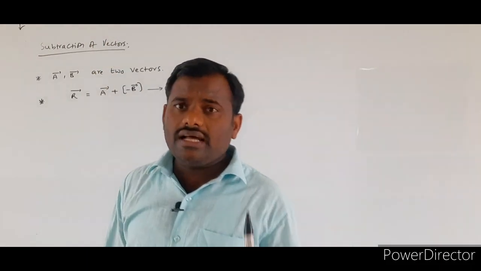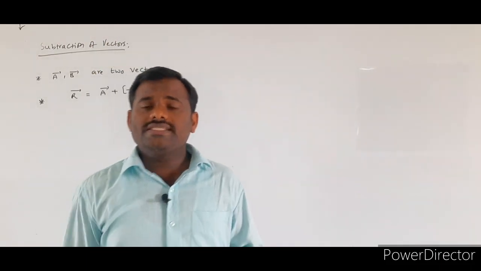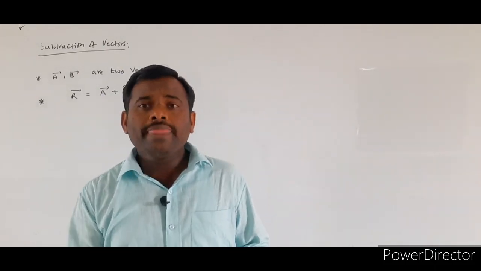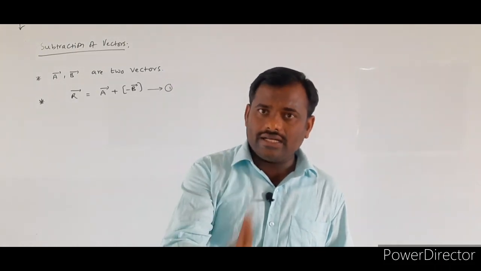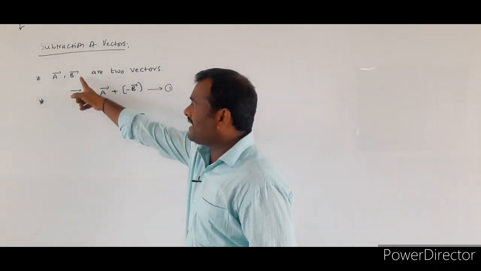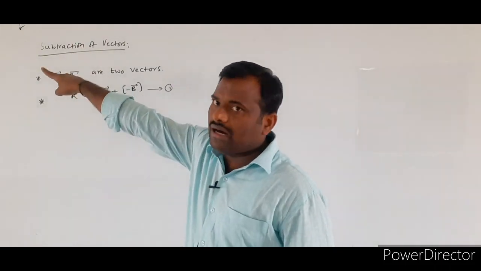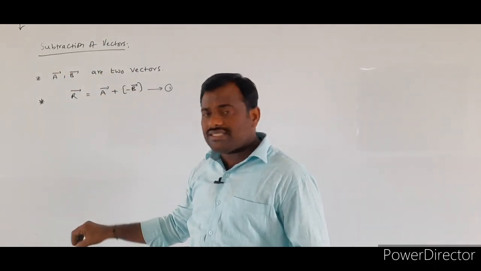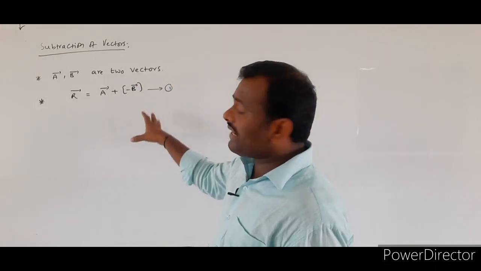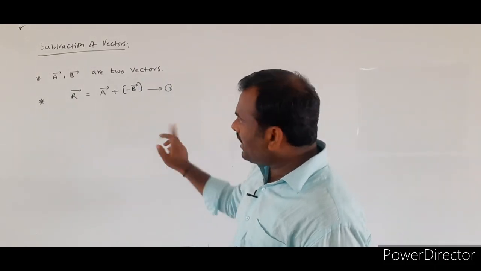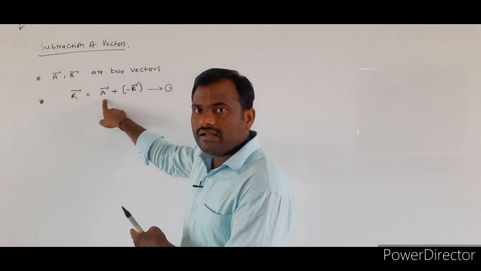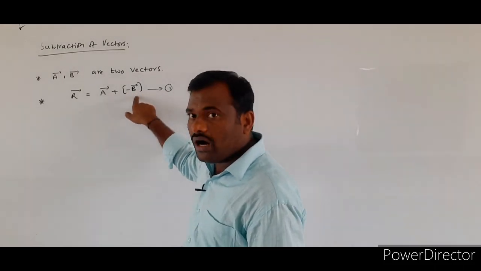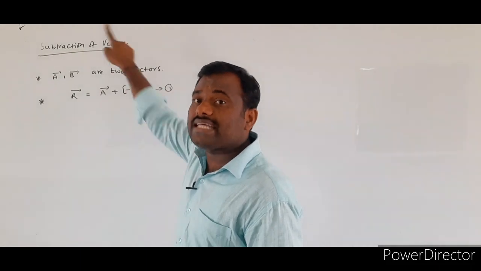Again, I am repeating the definition. Subtraction of vectors is a process in which we are subtracting the second vector B bar from the vector A bar, which is equivalent to the vector addition of the first vector A bar and minus B bar, which indicates the negative vector of the second vector.